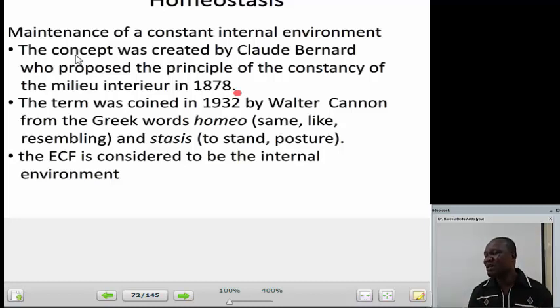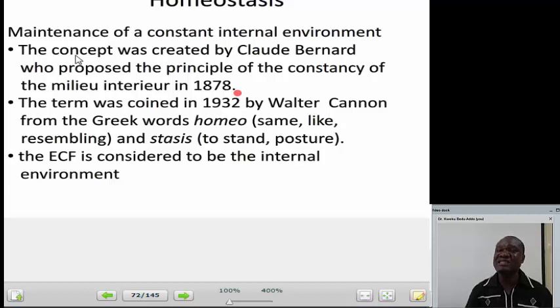Now, the concept of homeostasis was developed by a French scientist called Claude Bernard. He performed a series of experiments and he moved an organism from one environment to the other.